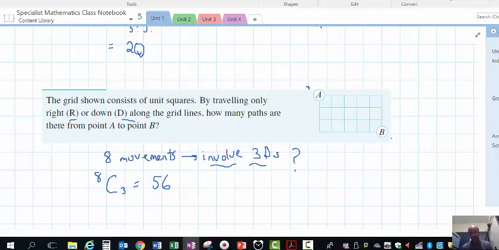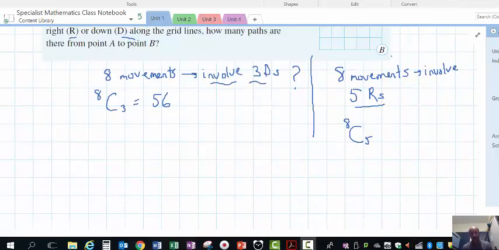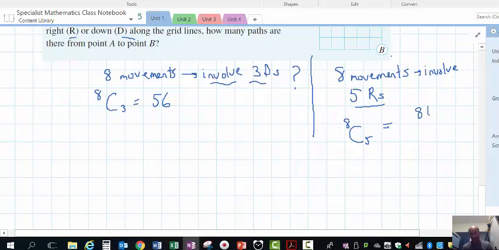Is there another way of doing this one? Pause the video and consider. Well, can we also consider it as 8 movements that involve 5 rights, 5 R's? Let's have a look at that. So that would be 8 factorial over 5 factorial times 3 factorial. Now this one here, of course, was 8 factorial over 3 factorial times 5 factorial.